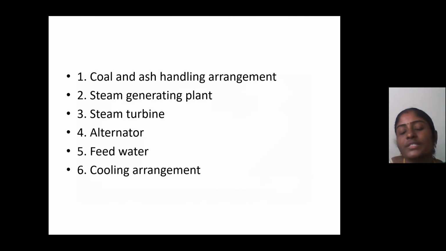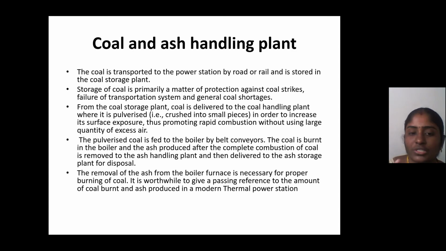So what are all the parts in the steam power station? Coal and ash handling arrangement, steam generating plant, steam turbine, alternator, feed water, and cooling arrangement. Each does its process individually. The coal gets burned and the water gets heated in the boiler. When the water boils, steam is produced and travels towards the turbine.